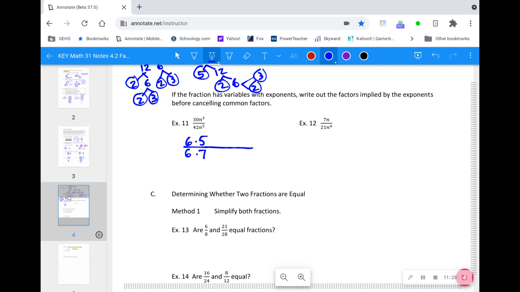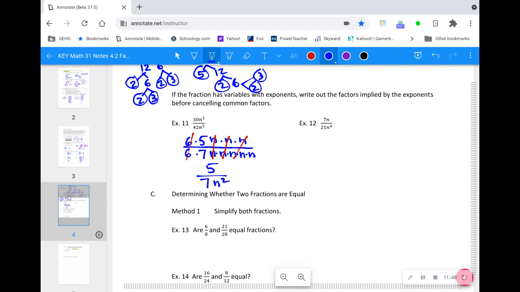And then we'll extend it here. The top has an n times an n times an n. And the bottom has 1, 2, 3, 4, 5 of them all multiplied together. So we'll cross off this one. We'll cross off these ones. And we end up with leftovers. 5 on top and 7n squared on bottom.